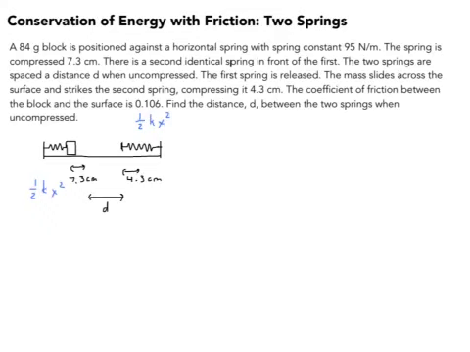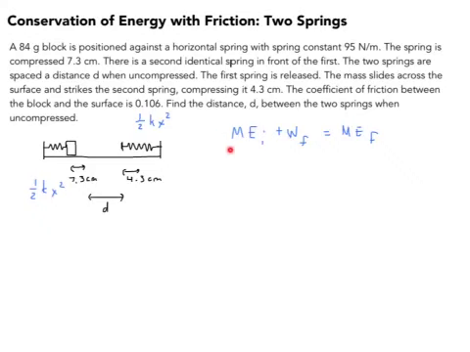Okay, the first step then is to write down the equation which accounts for friction. And here it is. We say that the initial mechanical energy plus the work done by friction is equal to the final mechanical energy. And here's how to think about this.